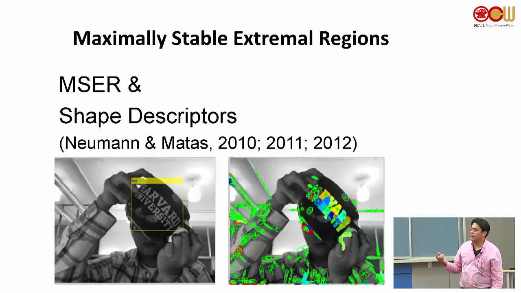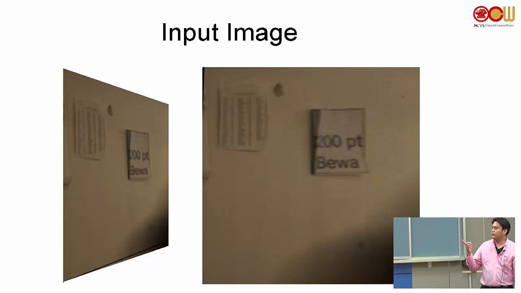Okay, so suppose you have a mark with Harvard University, and you want to detect some of the regions, right? Okay, and this is how MSER can help us. This is one of the examples.